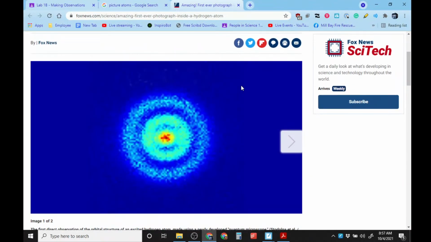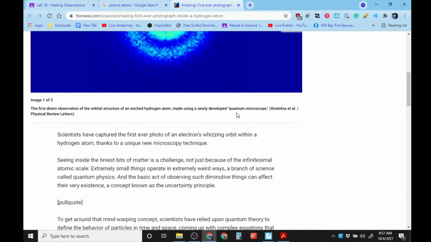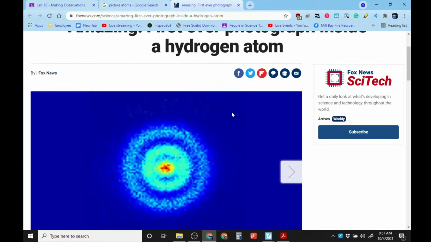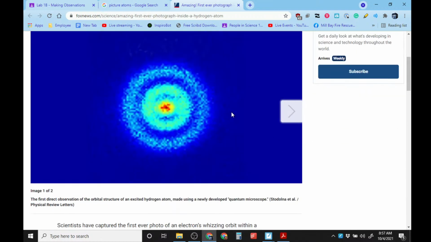Someone asked, so this is the first picture of an actual atom. And you can see the electrons. Because really, when they say a picture of the atom, they're only saying pictures of the electrons. And it looks very similar to that electron cloud thing I was talking about. So you have areas of density. This would be the first S shell, which will mean more later. This would be the second S shell, depending on the atom. First direction of an excited hydrogen orbital atom.